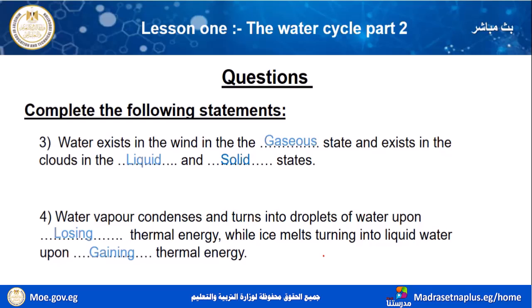It means when ice gains thermal energy, it will change into liquid. So water vapor condenses and turns into droplets of water upon losing thermal energy, while ice melts, turning into liquid water upon gaining thermal energy.